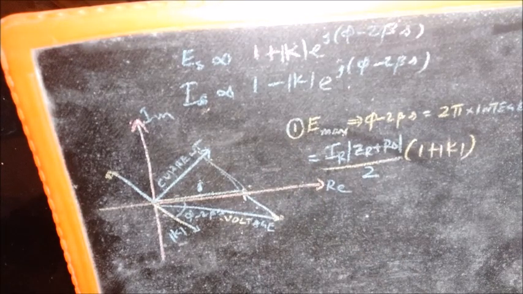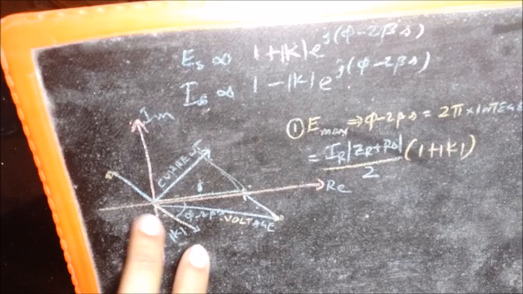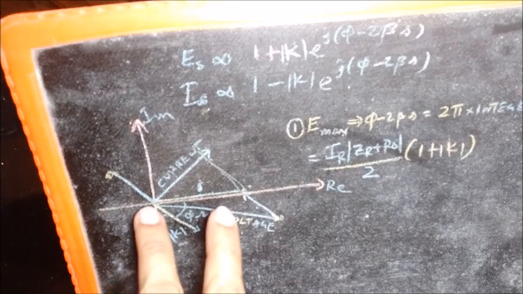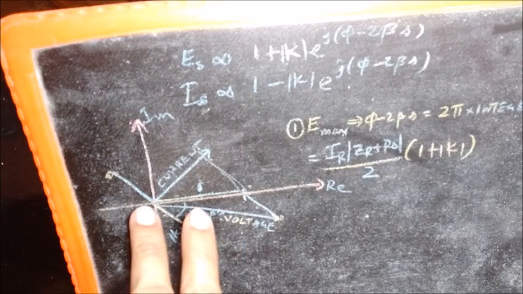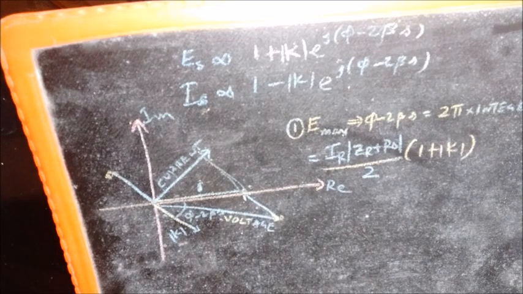And as can be seen in the phasor diagram, this is what we discussed just now. This happens when k is aligned with 1 in terms of its phase. When k is aligned with 1, you have the maximum possible value.